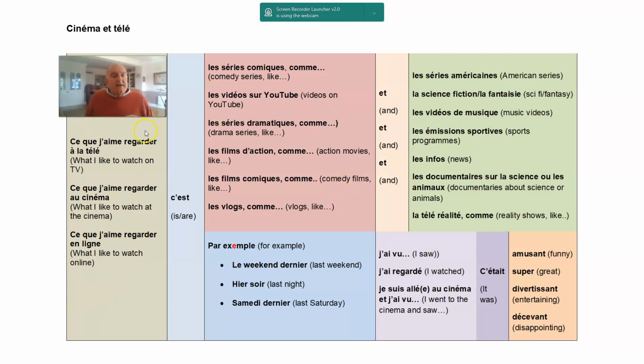Down the left-hand side, we've got a whole series of chunks, what I like to watch, and then we've got is, are, and then we've got types of programs, and then down here, for example, last weekend, last night, so we have a switch of tense here, I saw, I watched, I went, and then an opinion, it was funny, it was super, etc., etc. So we actually have quite a rich body of language here that students could use.